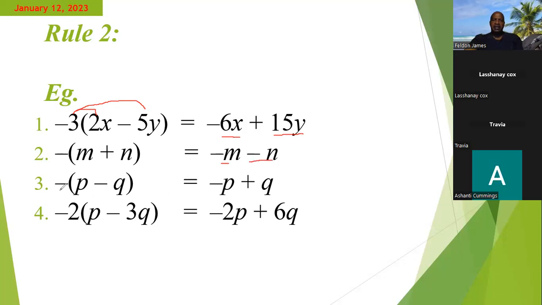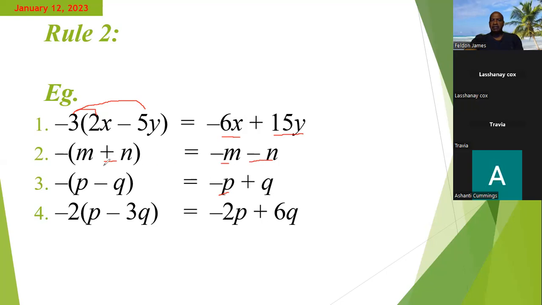Now, likewise here, -1 times p gives you a -p. Now, negative times negative gives you positive. So this is positive q. I think I just said negative times negative up here, but this is supposed to be negative times positive, giving you a negative.